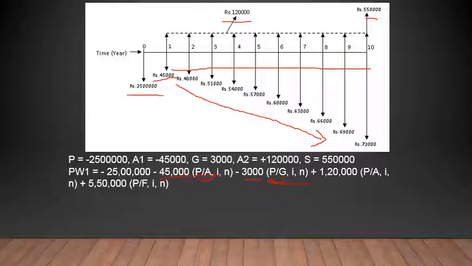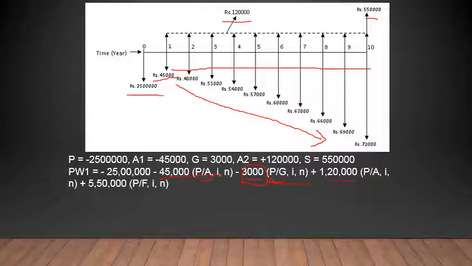We get P by G. So if you multiply these two factors, P by A and A by G, you will get P by G, and multiply that by the value G. You can directly get the answer. So there is no need to convert this gradient flow into A and then to P. In order to avoid that, this is an easier method of solution.